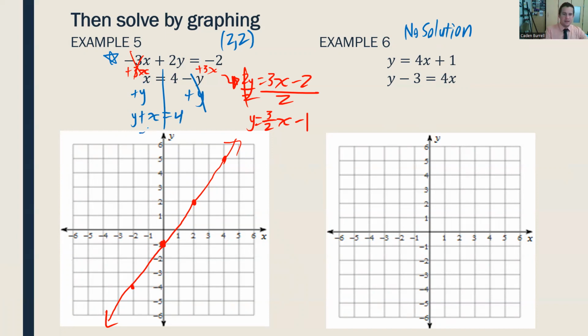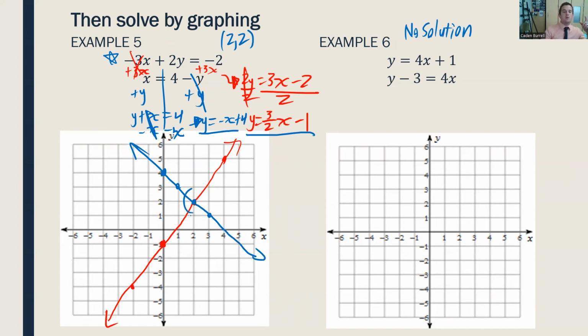Then I'm going to subtract x on both sides, leaving me with y equals -x plus 4. So my y-intercept is +4. My slope is -1, so I go down 1 over 1, down 1 over 1, down 1 over 1, etc. So there is my second line.